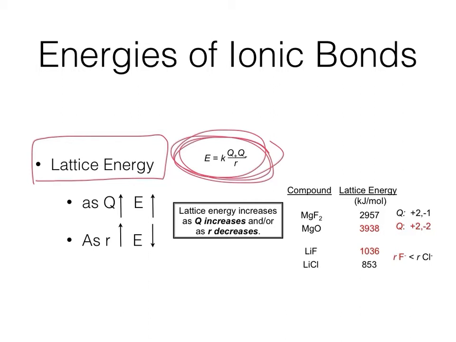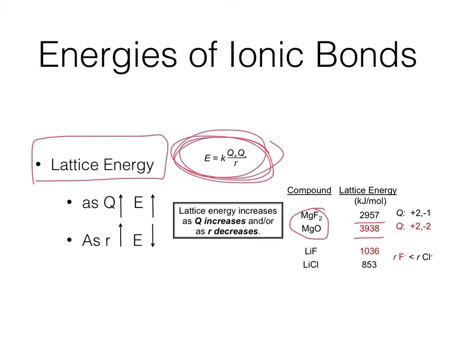So if we want a really high lattice energy, we're looking for really small, really highly charged ions. Sometimes you can't get really small and really highly charged. Sometimes it's hard to do. But take a look here. We've got magnesium fluoride versus magnesium oxide. The magnesium oxide has a higher lattice energy.